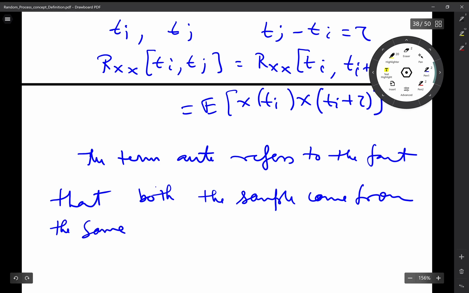That is why auto, same process. Okay, let's give some example.